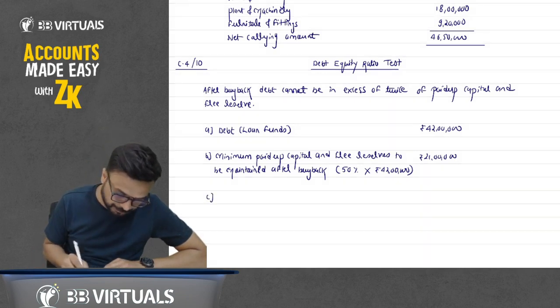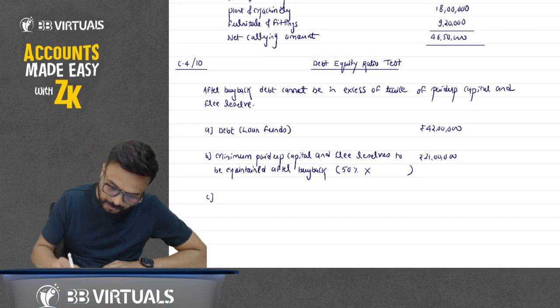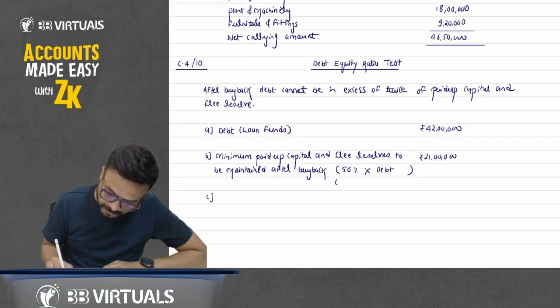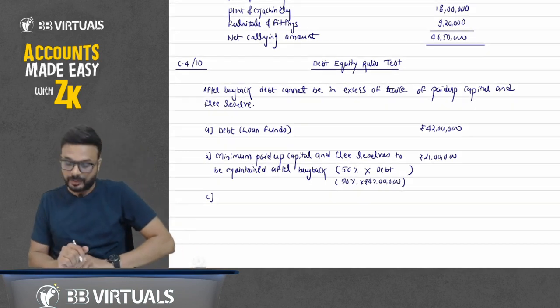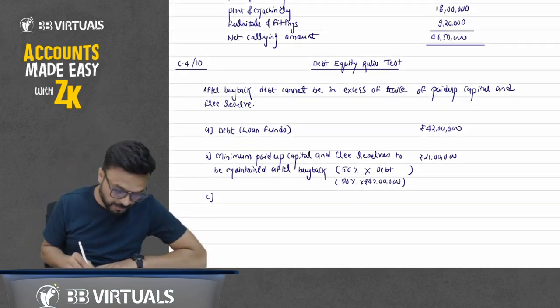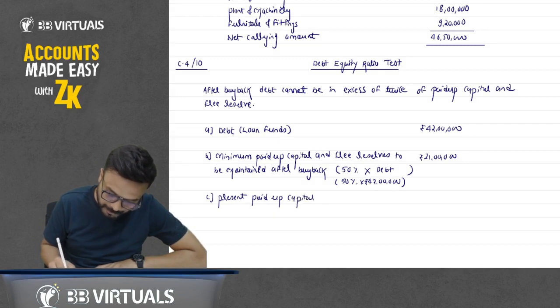Now point number C, for your understanding, 50% of debt. How much is it? 50% of 42 lakhs is 21 lakh. Point number C: present paid up capital and free reserve.